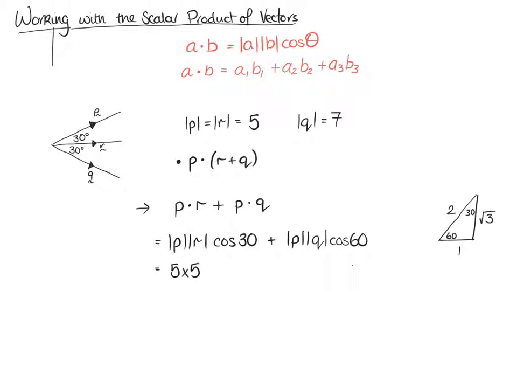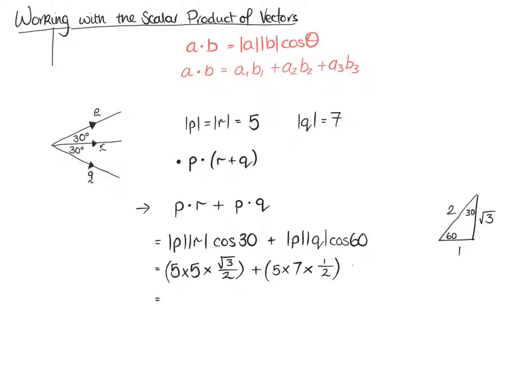Cos is adjacent over hypotenuse, so for 30 we have root 3 over 2. Then for P and Q, P is 5, Q is 7, and the cos of 60, again adjacent over hypotenuse, is 1 over 2.